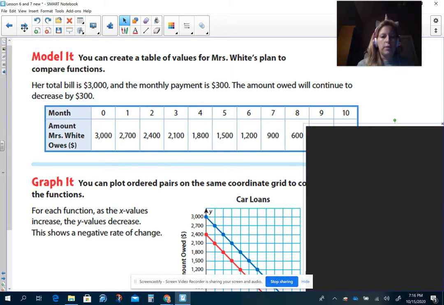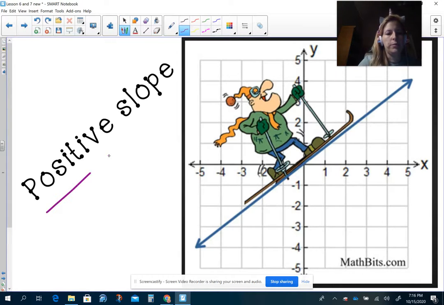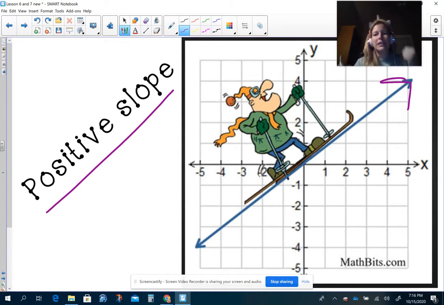Okay, so let's try another one. There we go. Okay, in your notes, see my little ski guy, ain't he cute? In your notes, I want you to put positive slope. Positive slope goes up. So he's working hard getting up the hill. He's going up.